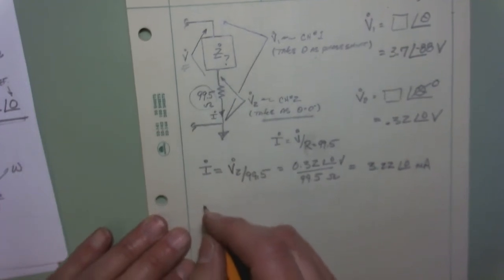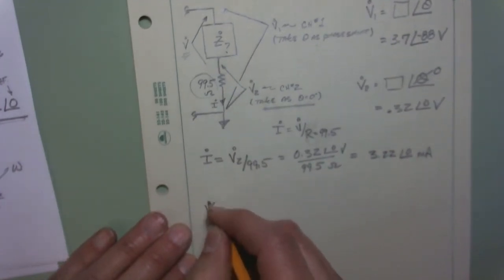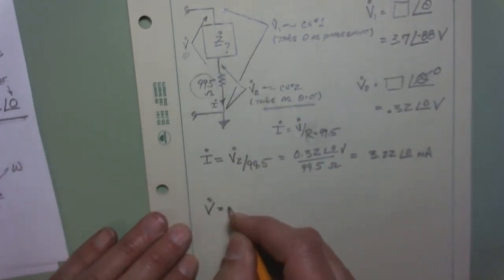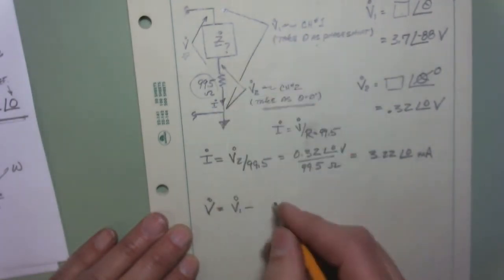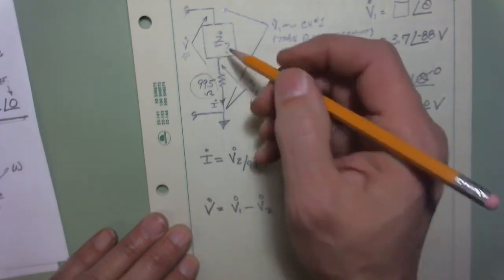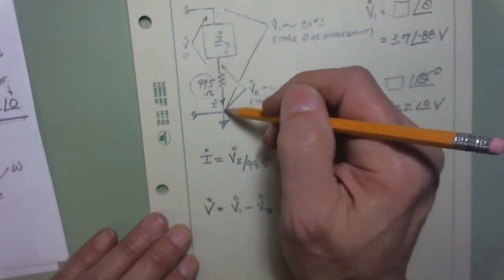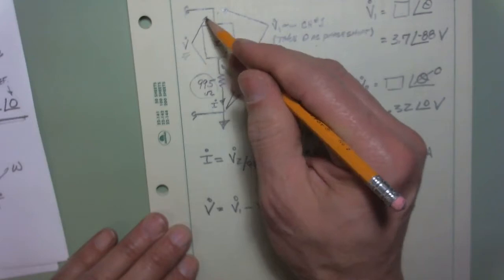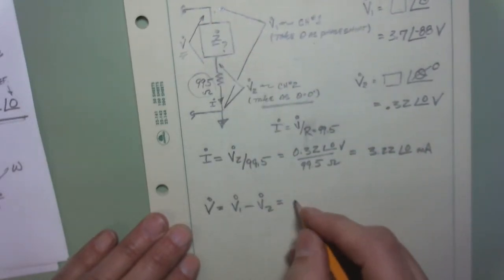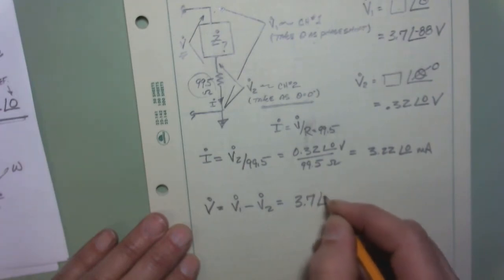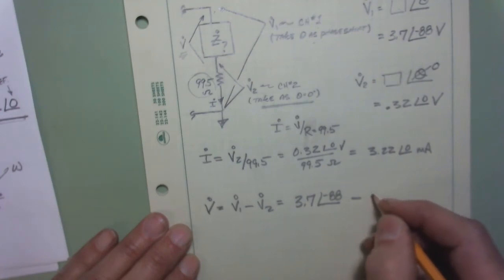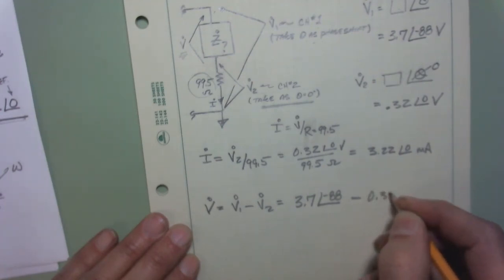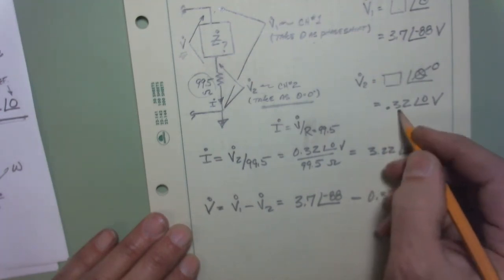Okay, so now I can talk about this voltage V there. I could say that voltage, V, is equal to the total voltage, V1, minus this voltage, V2. I mean, that's just Kirchhoff's voltage law. From there to there, if I subtract then from there to there, I get the remaining portion. So I say that this is 3.7 at minus 88, and then I have to subtract off this 0.32 at 0 right there.